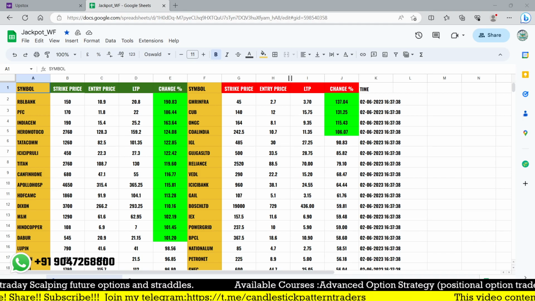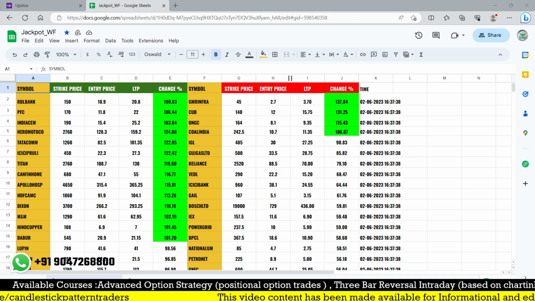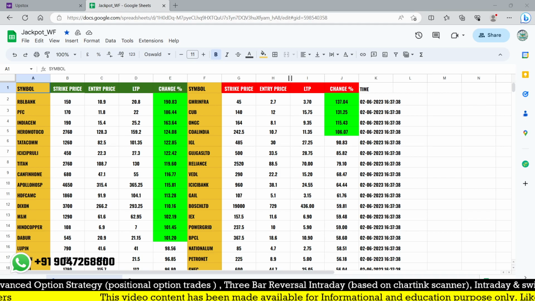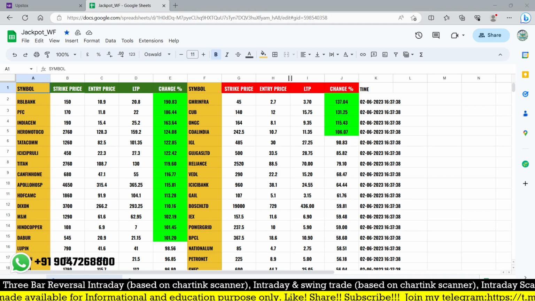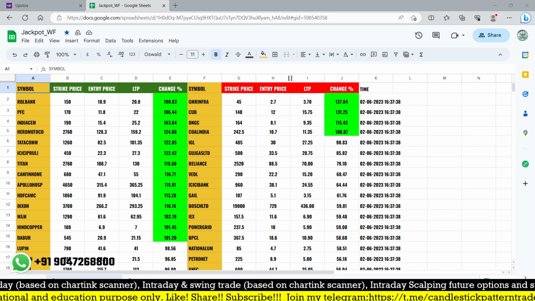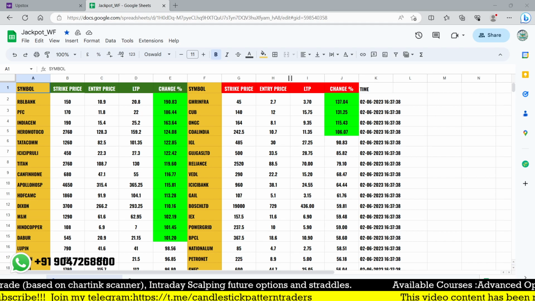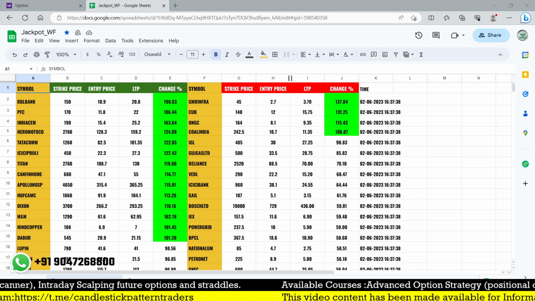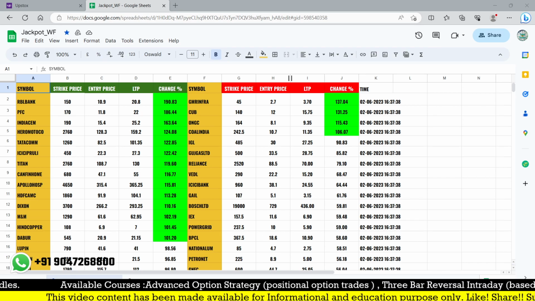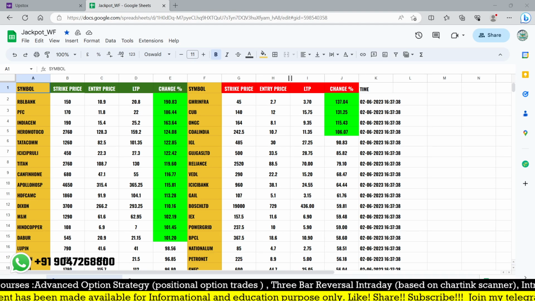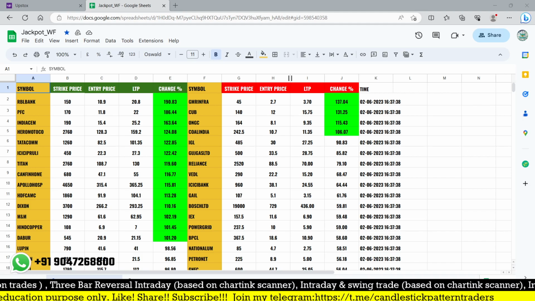Among the 5 strategies, 4 are hedged ones, and one is a naked strategy. The naked strategy means directly buying a call option or directly buying a put option with a stop loss and a target. Here in this sheet, I'm just finding the trade opportunities only. After that, I decide which strategy I'm going to use to take the trade: the first, second, third, naked, fifth, or even an OTM strategy.